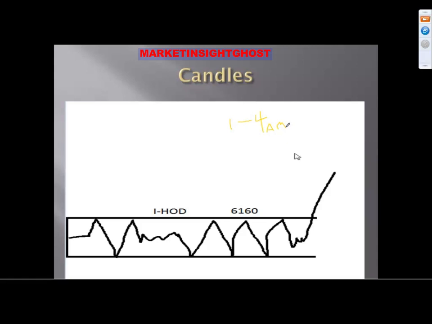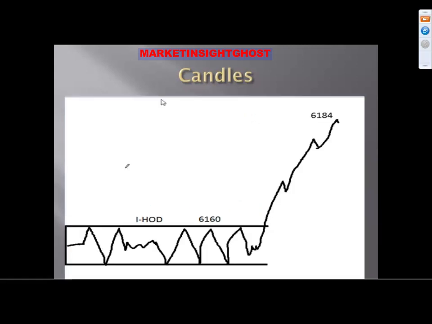The initial high was 61.60. Craig's group should easily pick this stuff up. 61.60 is breached immediately with an aggressive move, and there's a little bit of a pullback in here. 1, 2, 3.